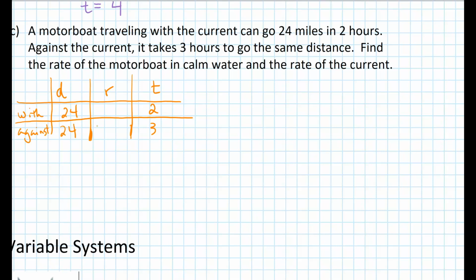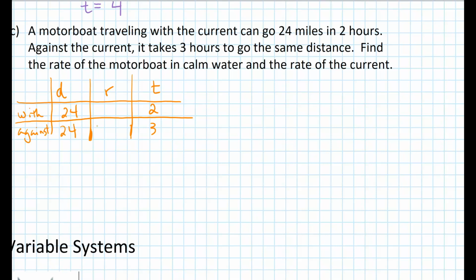You can do that, and that'll give you the average rate, but we need to find the rate of the current and the rate of the boat. Remember we have 2 rates we're trying to find here, not just one. Are we going to have 2 equations? Like you said, if you're just floating, you go the rate of the current.